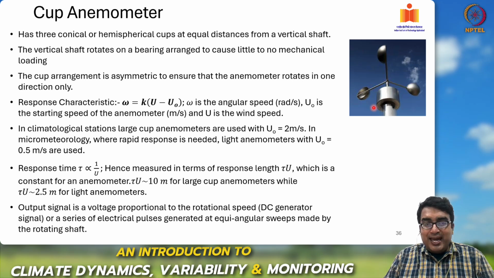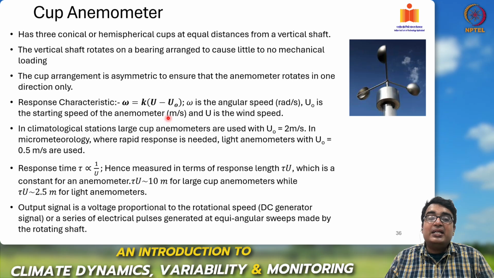The response characteristic of the anemometer can be deduced. We will not discuss the deduction here, but in general, the angular speed of the shaft in radians per second is proportional to the wind speed U minus a constant U0, which is the starting speed of the anemometer.